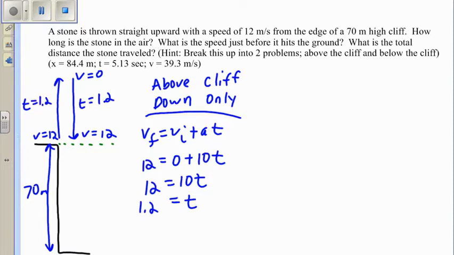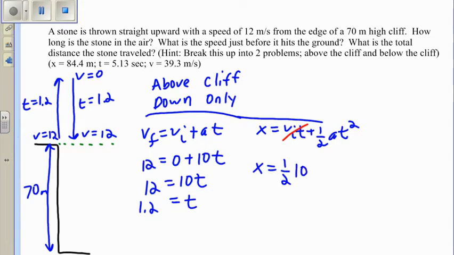All right. I can also look at the distance. So I want to find this distance above. So for the distance, I'm using this. And because x naught is 0, that whole term goes away, which makes it really convenient, which is why I'm always going to be starting at the top. And I need the time, because this is the time down.